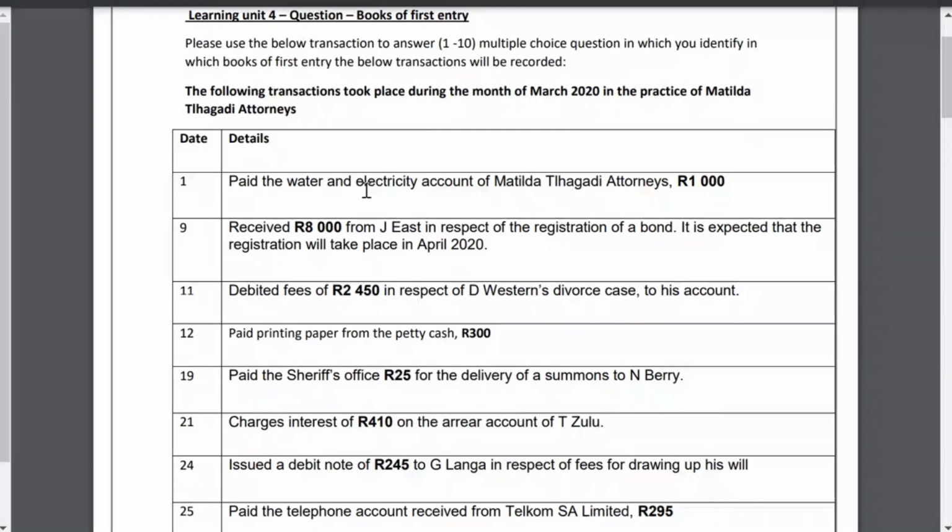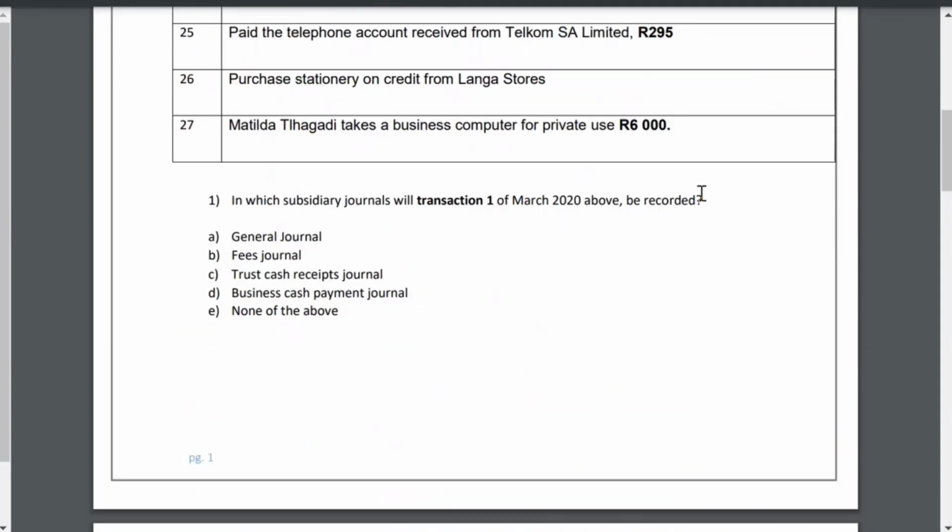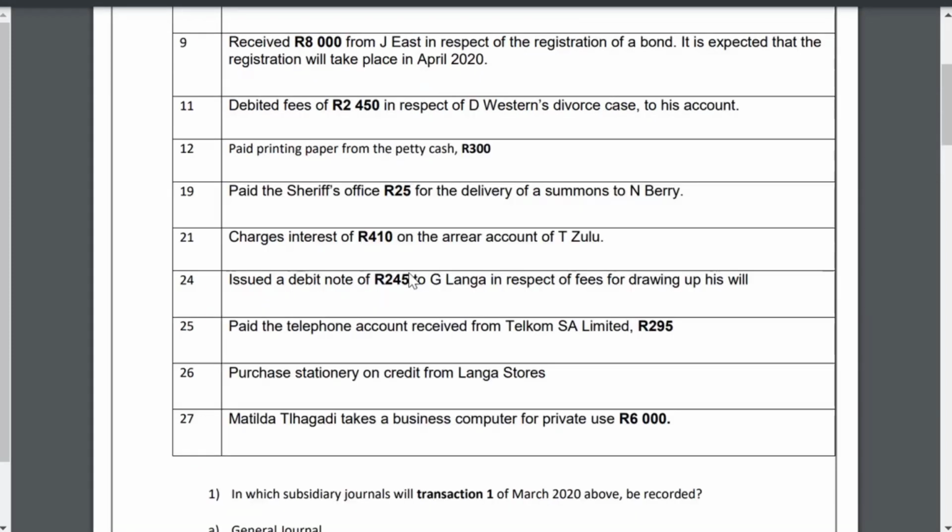Number 1, paid water and electricity account of Matilda Hlagadi Attorneys for 1,000. In which subsidiary journal will transaction number 1 of March 2020 be recorded? Your options are General Journal, Fees Journal, Trust Cash Payment Journal, Business Cash Payment Journal, or none of the above.